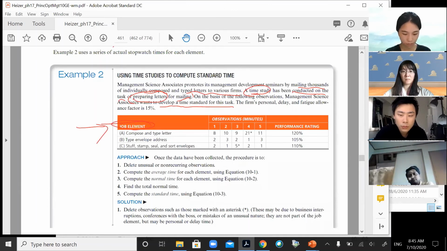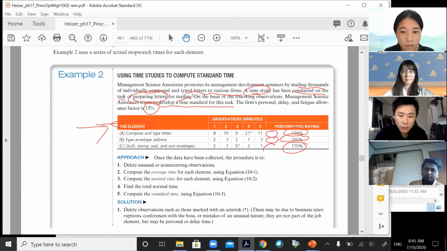So the firm's personal delay and fatigue allowance is 15%. The company has decided that allowance is 15%. And if you see here, there is a performance rating for each element. So what you need to do is find the observed time for each element.